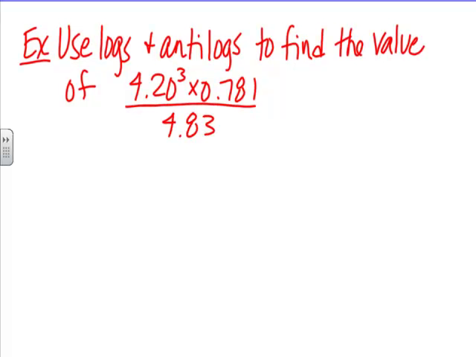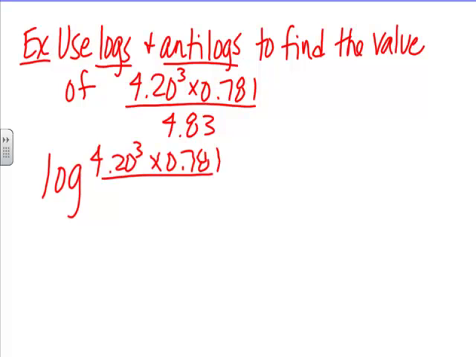Now normally you probably would just put that in your calculator and figure out what it is. But since the problem is asking us to use logs and anti-logs, I'm going to do that. So how would I do that? Well, I am going to take the log of 4.20 cubed times 0.781 all over 4.83. But I'm going to apply the rules that we've learned, because I can break this whole thing into pieces, and I think this is a good opportunity to review that.